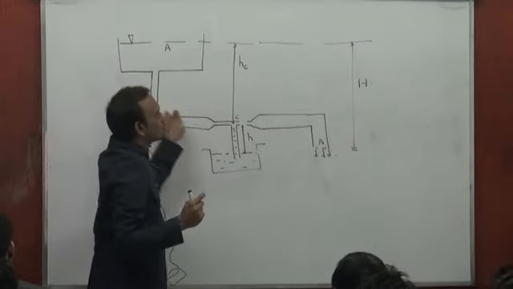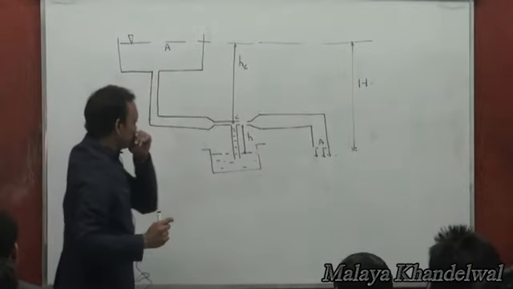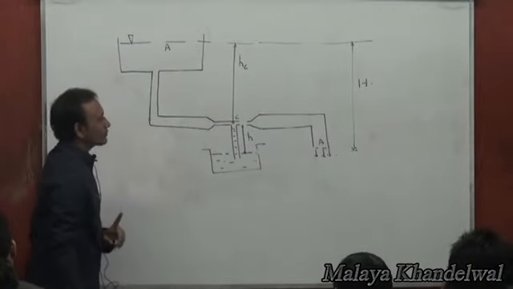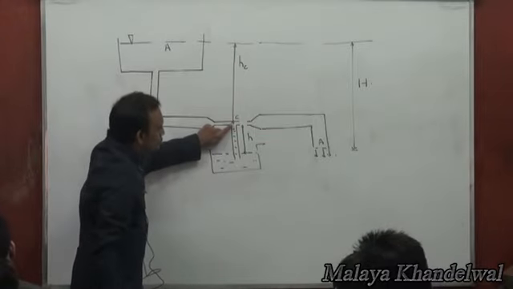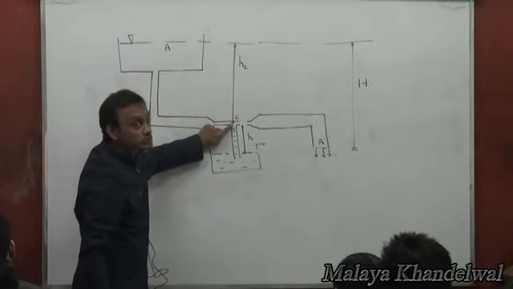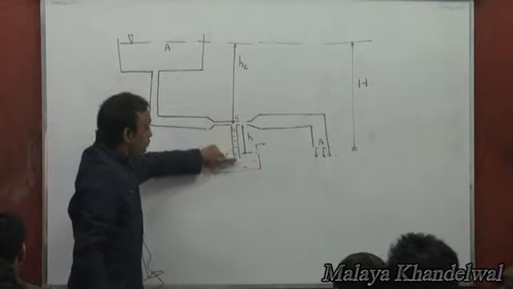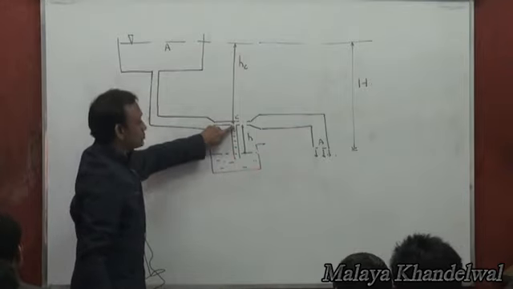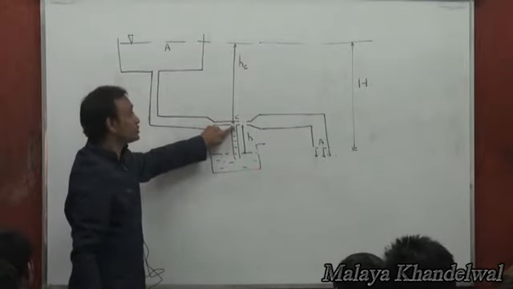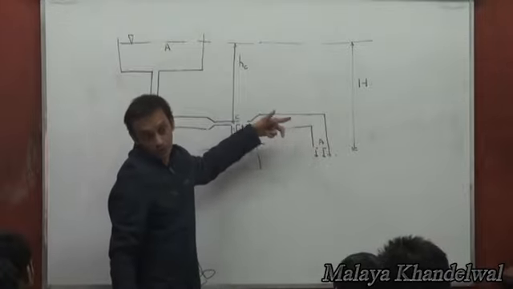There is flow occurring through these channels, and you want at C this fluid to come all the way through height H and join the main stream of flow. That's what you want.